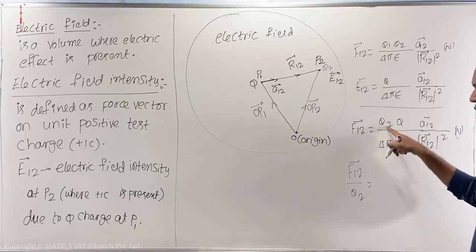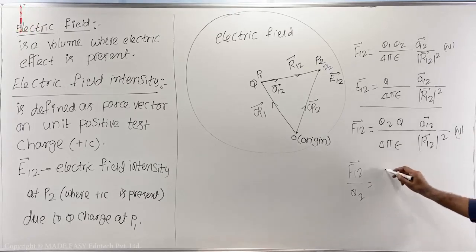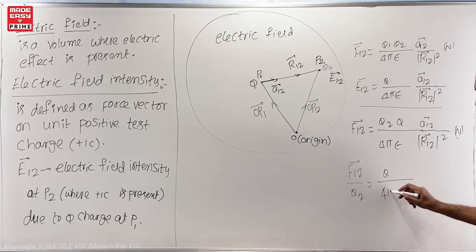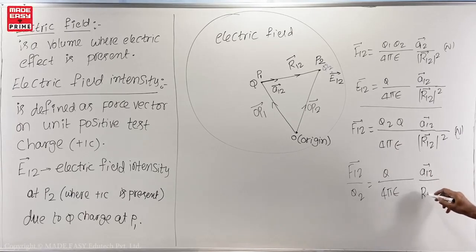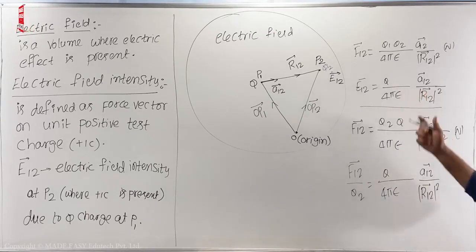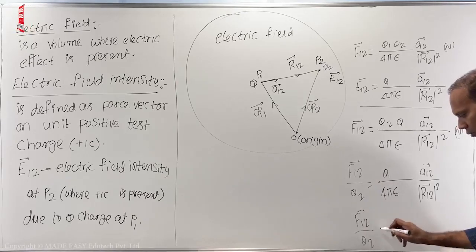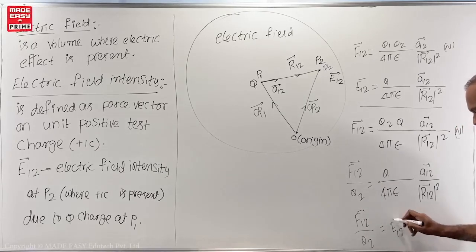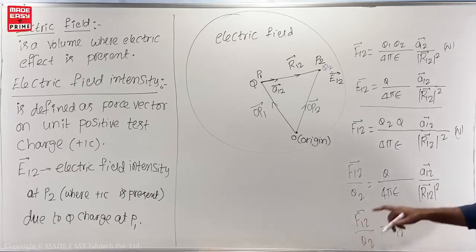Force on 1 coulomb means divide with Q2. So then you get Q by 4 pi epsilon, A12 bar divided by modulus of R12 whole square, students. Now what is this formula? This is nothing but E12 bar. So ultimately F12 bar by Q2 is equal to E12 bar. From this, the electric field unit is Newton per coulomb.